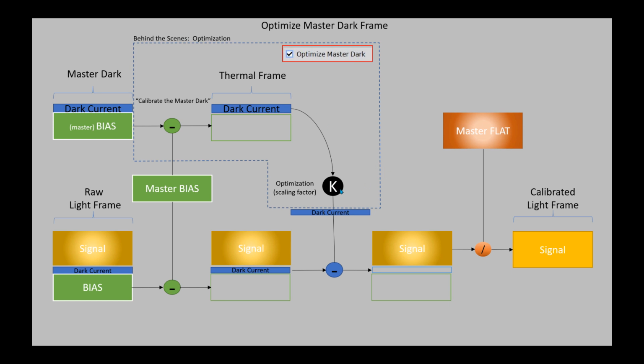It may discover 0.5 or something very close. In fact, when you use dark frame optimization, you really should look in the console while it's in use. Look at the weighting factor. If you have a ratio of images, the 300 seconds to 600 seconds for the dark, and the weighting for the scaling factor doesn't equal 0.5, it equals 1, well, that's not right. That means it didn't work.